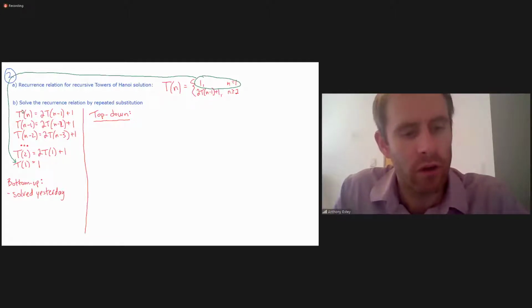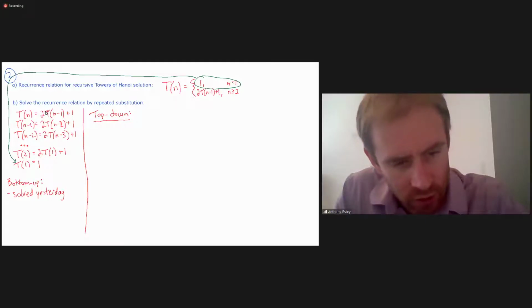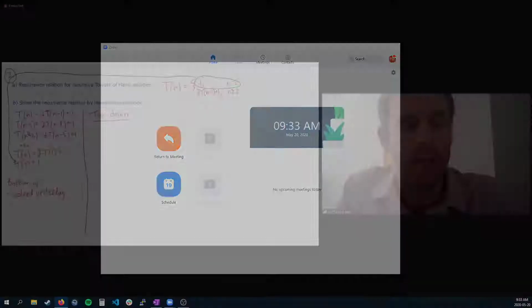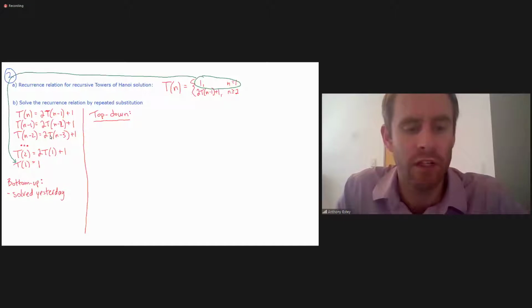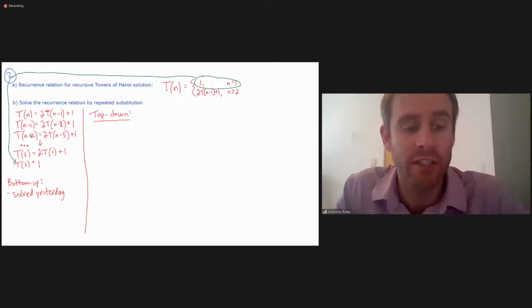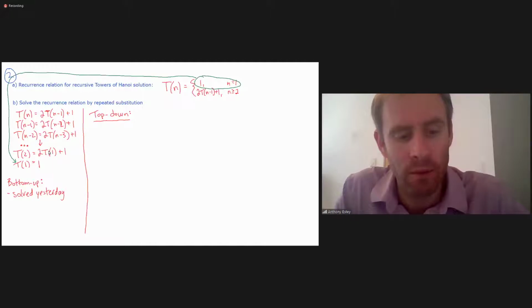So again, I've said if t of n is equal to 2 t of n minus 1 plus 1, then t of n minus 1 is going to be equal to 2 t of n minus 2 plus 1. And t of n minus 2 is going to be 2 t of n minus 3 plus 1. I can keep doing this all the way down, where n decreases by 1 each time, and eventually I'll get to t of 2, which is 2 t of 1 plus 1.